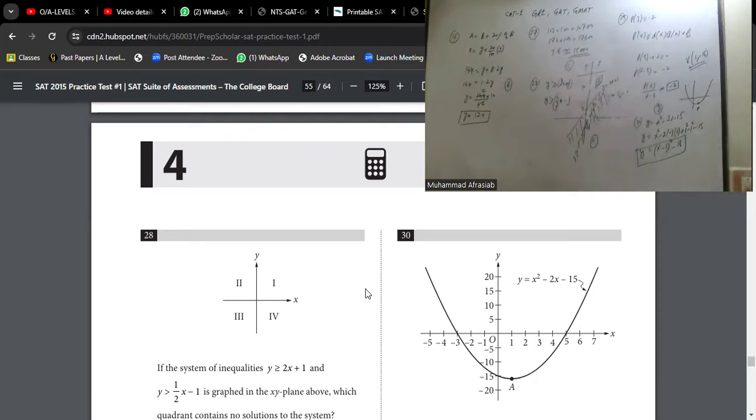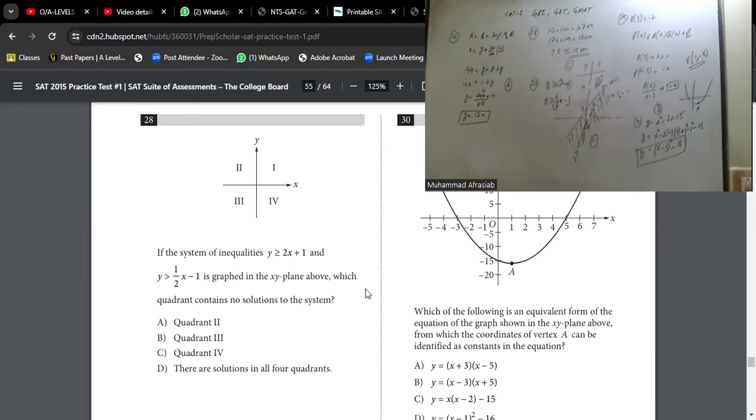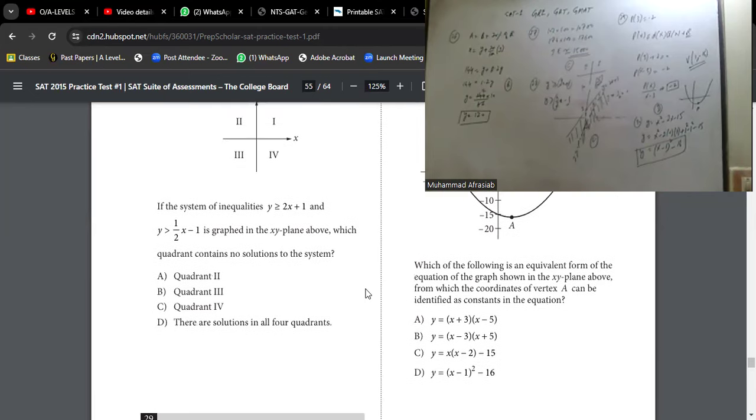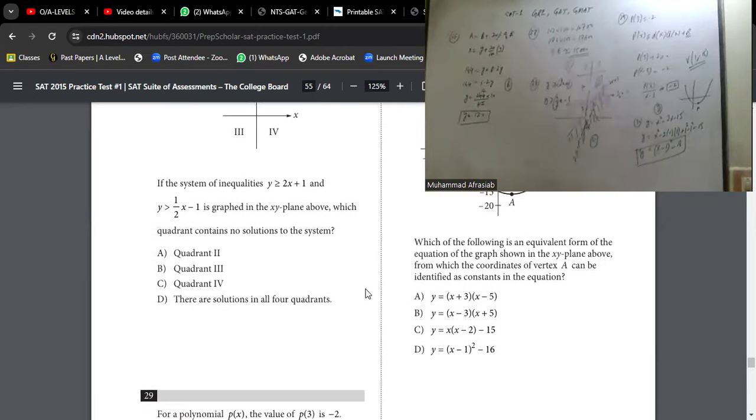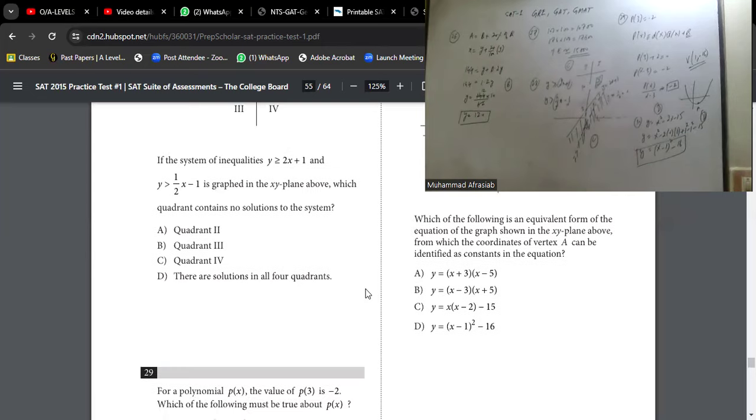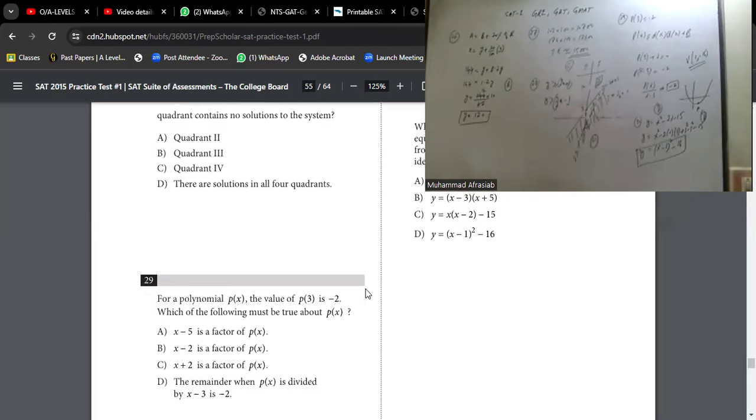So that is the position of A. So answer D is the right solution, because you have to show the vertex, and the vertex can be found by completing the square. So that is question number 30.